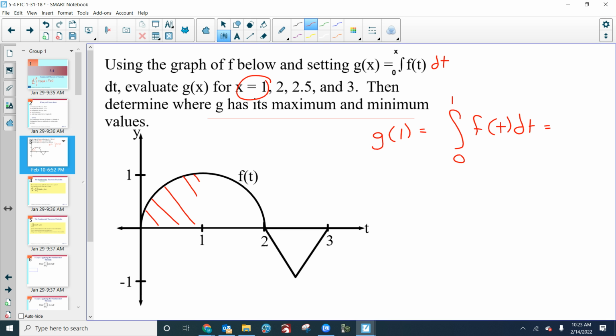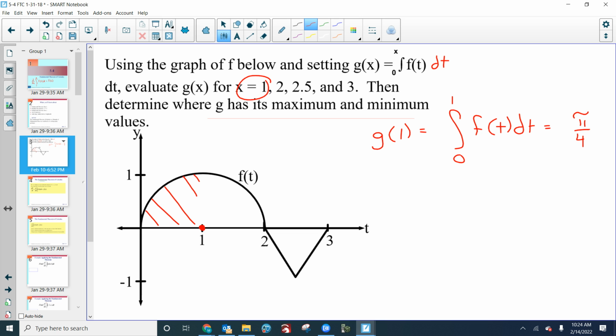Isn't the full area of a circle pi r squared? So this is a fourth of pi r squared, where our radius is 1. So what's our area? Pi over 4. Very good. A fourth of pi times 1 squared. A fourth of pi. Pi over 4.